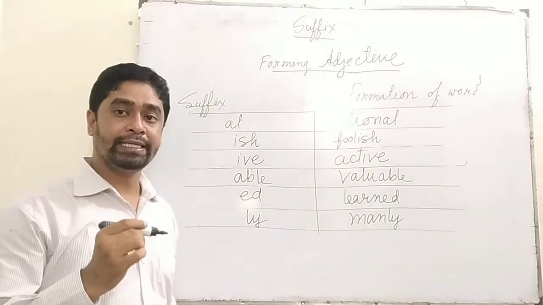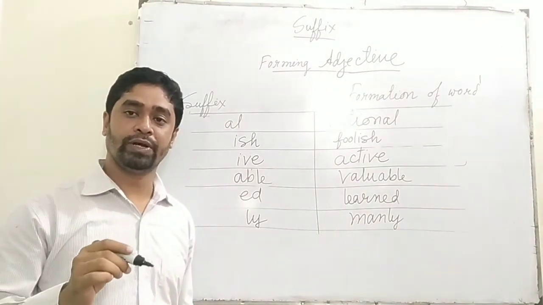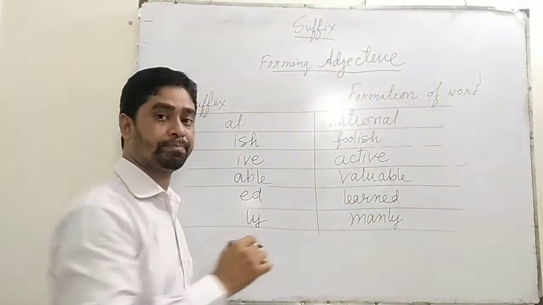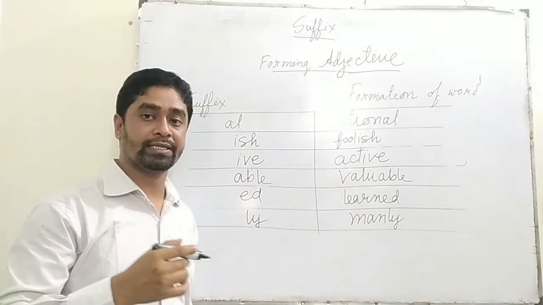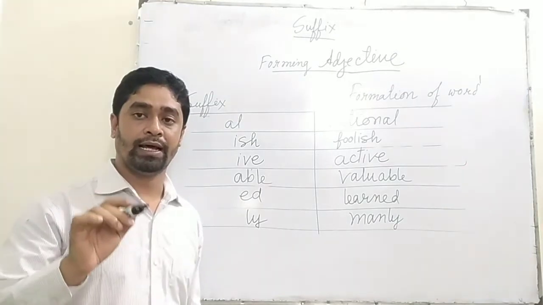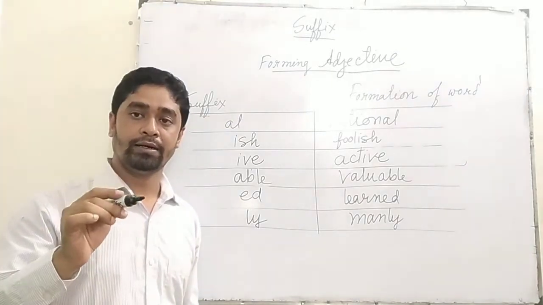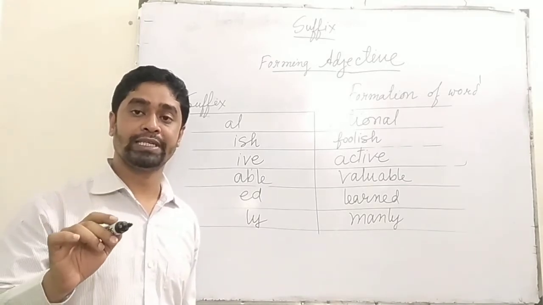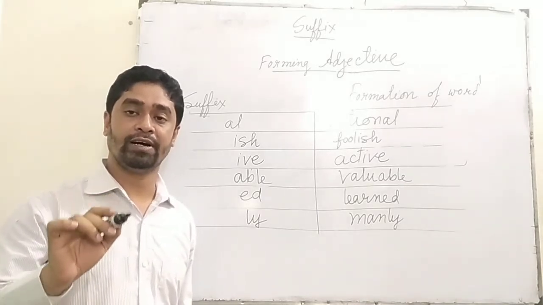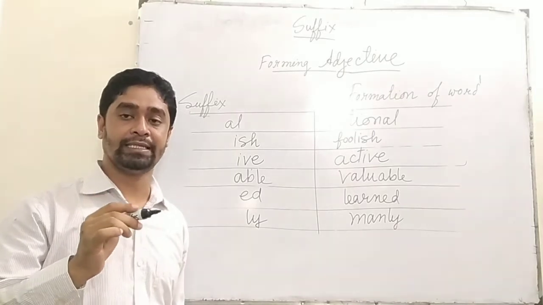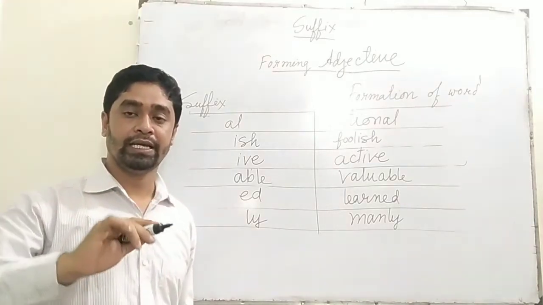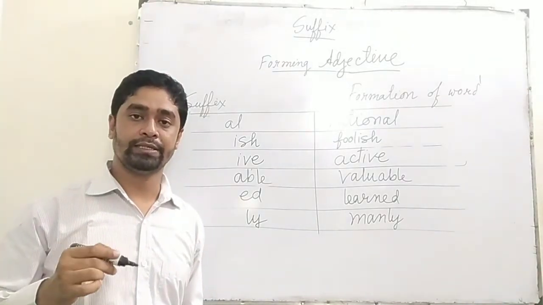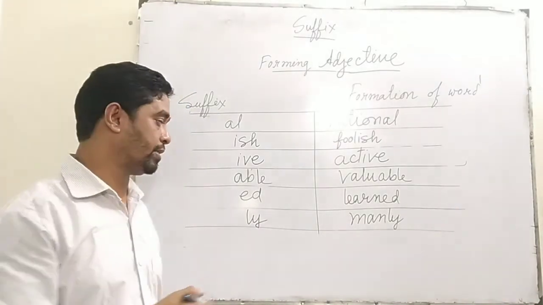Next, ED. It is also a suffix and it changes its part of speech, like learned. In this word learned, the root word is learn. It is a verb. After adding ed, it changes its part of speech and it makes an adjective.